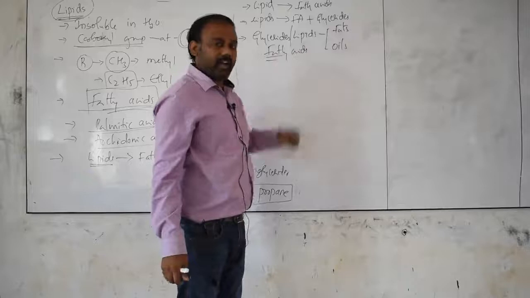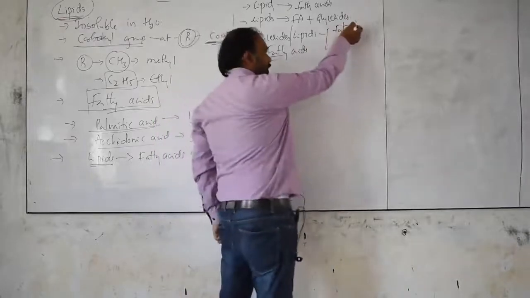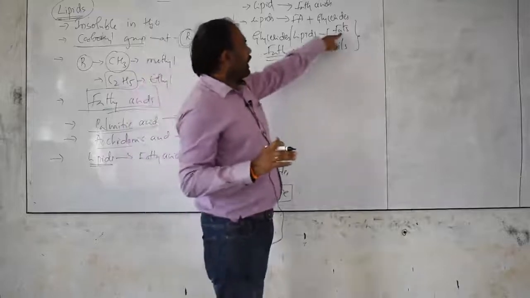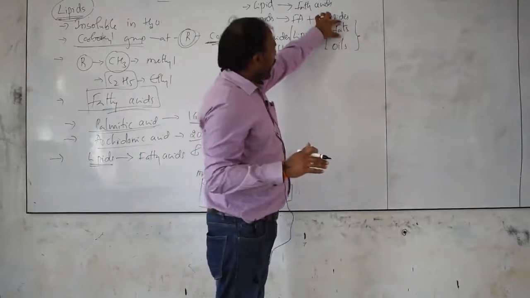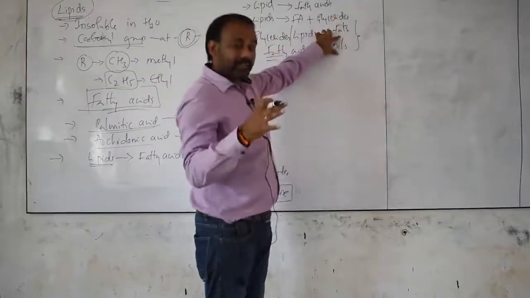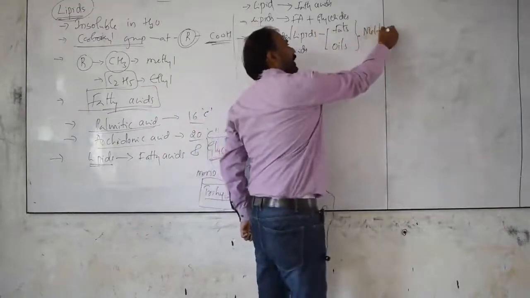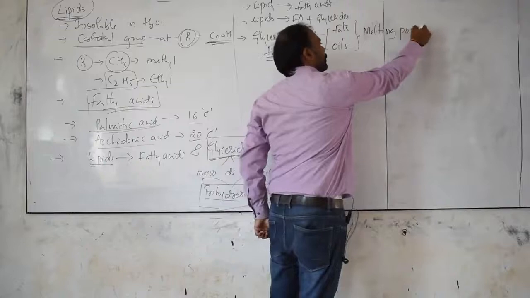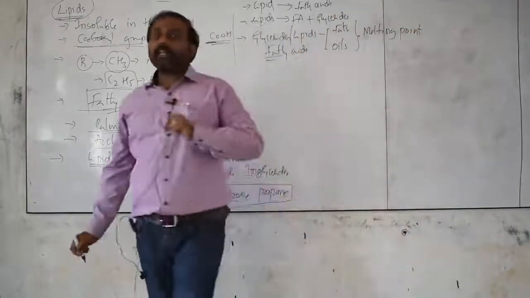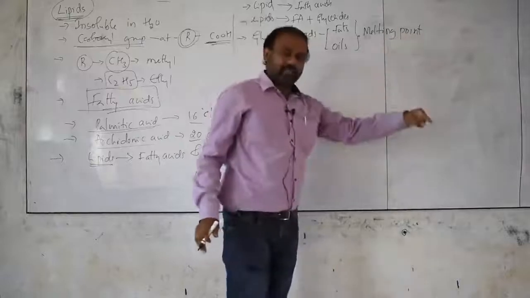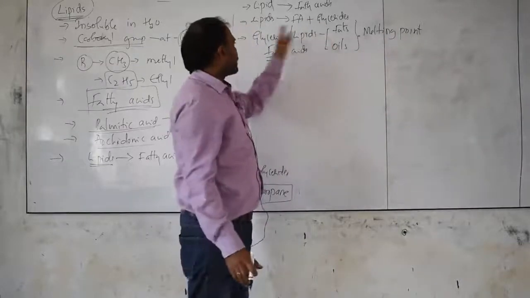Yes or no? Fats and oils. From the examination point of view, do remember, this classification into fats and oils is mainly based on their melting point. Only based on their melting point are we going to classify the fats and oils in the glycerides or in the lipids.